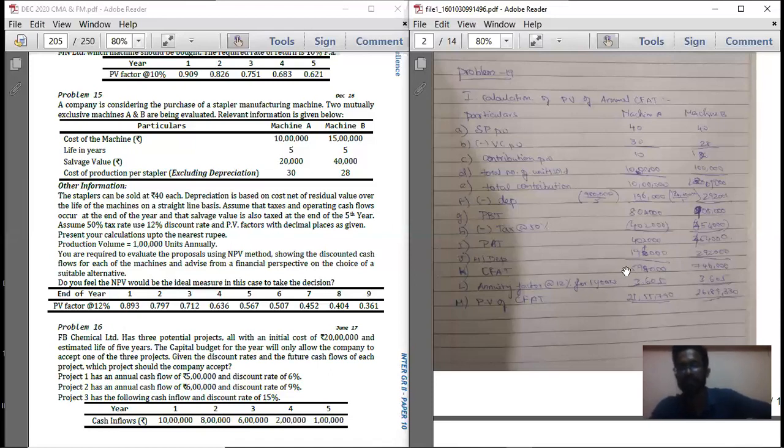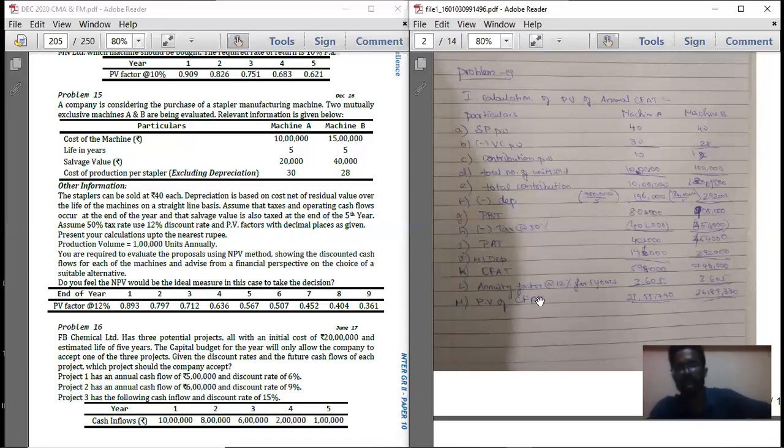So here CFAT is 5,98,000 and 7,46,000. Below that, small l, annuity factor. You should multiply the CFAT with the annuity factor.